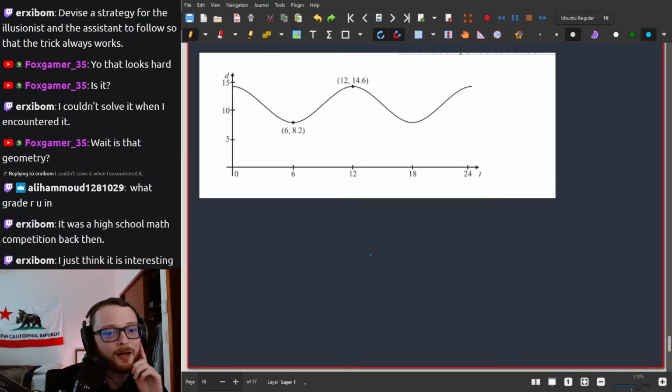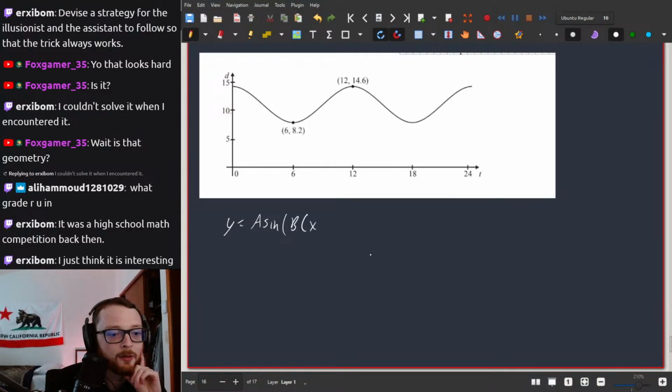Okay, so Ali, this will be the same procedure. It's kind of interesting that they don't give us quite as much information on this graph, but we can still do the same thing. So a sine b x plus c plus d.